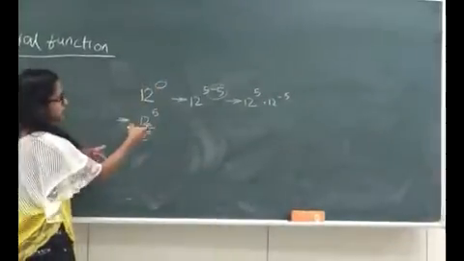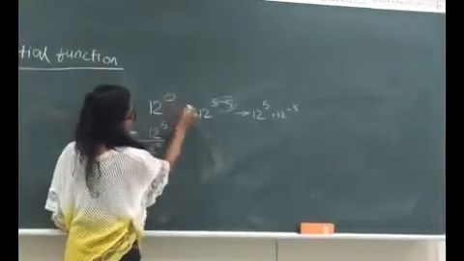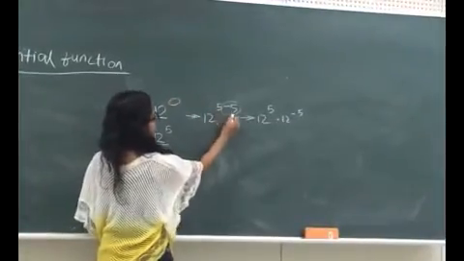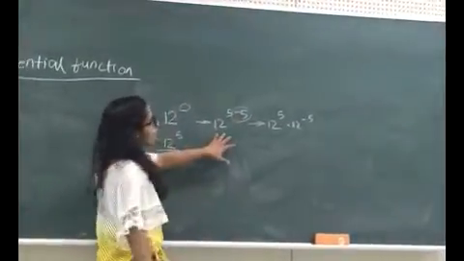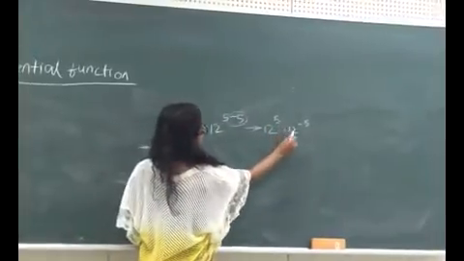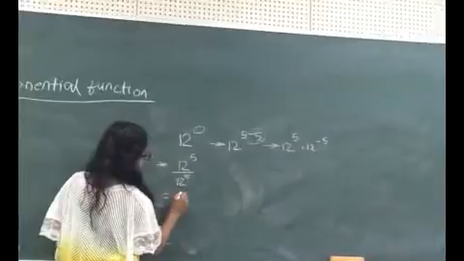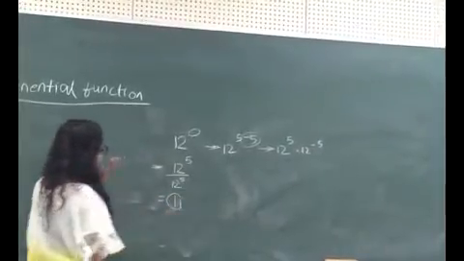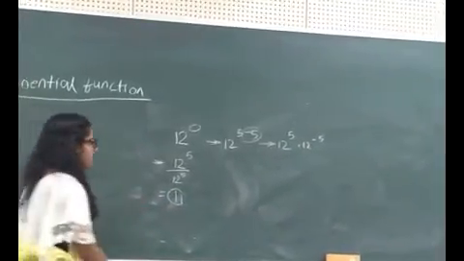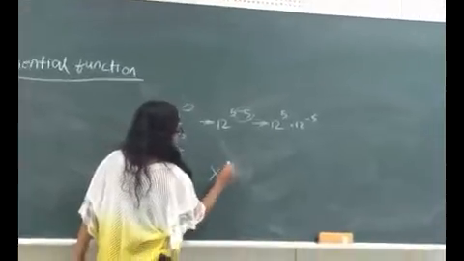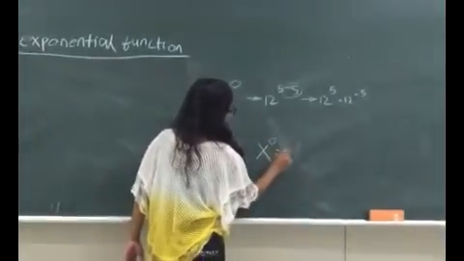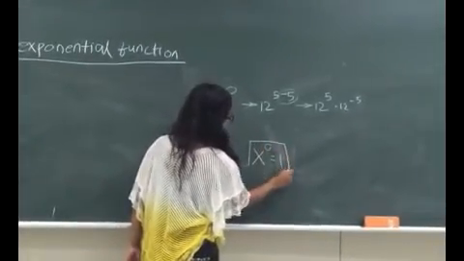So if you watch closely, 12 to the power 0 is equal to 12 to the power 5 minus 5. We broke it as 12 to the power 5 into 12 to the power minus 5. So it goes like this, which becomes 1. Yeah, and it seems we got another formula. That is x to the power 0 is always 1.